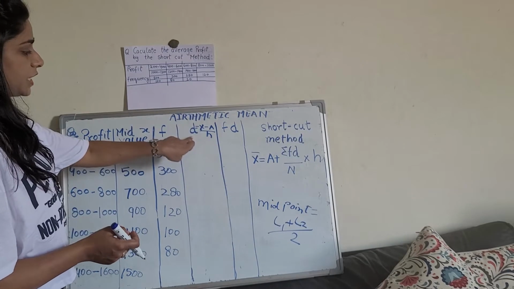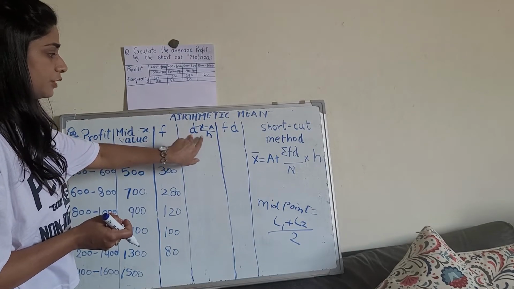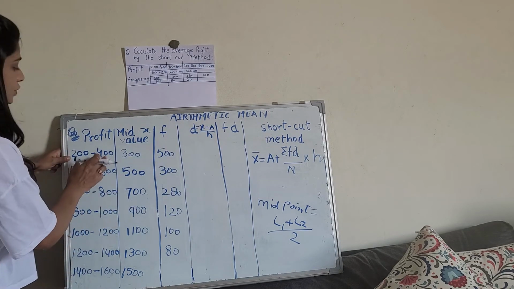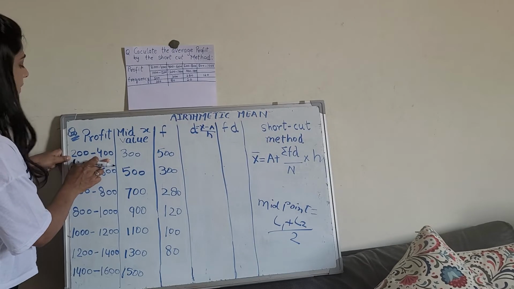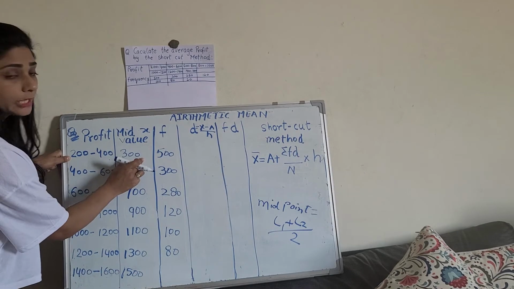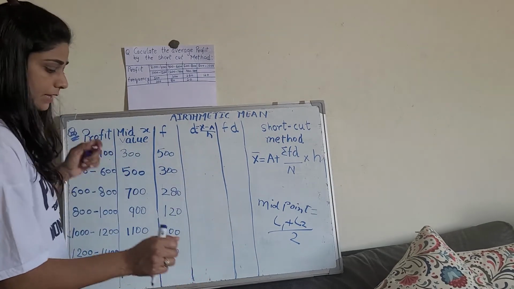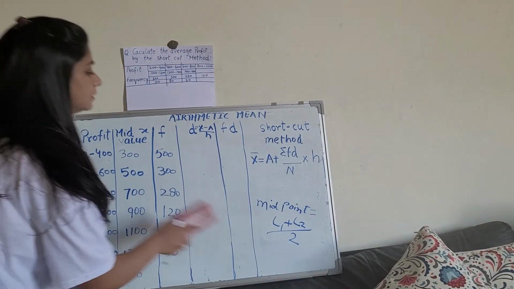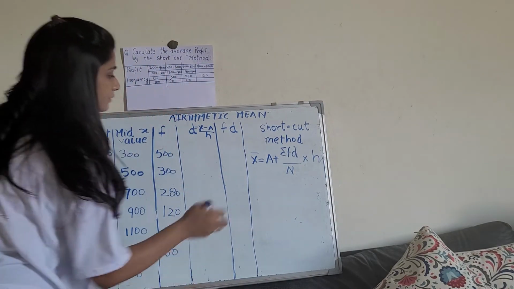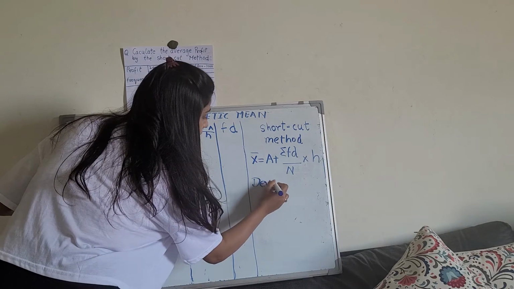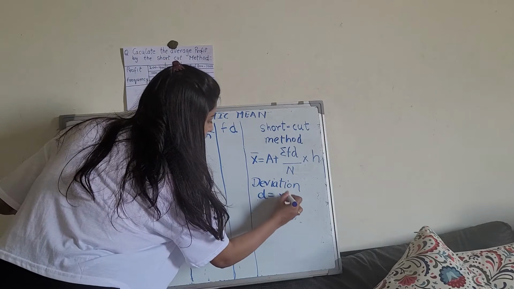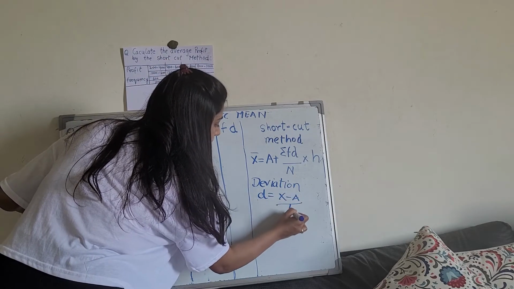Now next is deviation. How do we calculate deviation? The deviation formula is x minus a divided by h. Suppose first we calculate for the class interval 200 to 400, the x value will be 300.